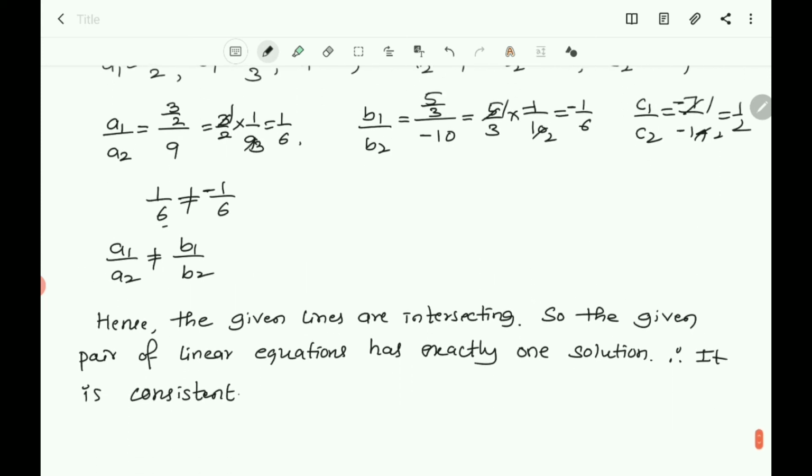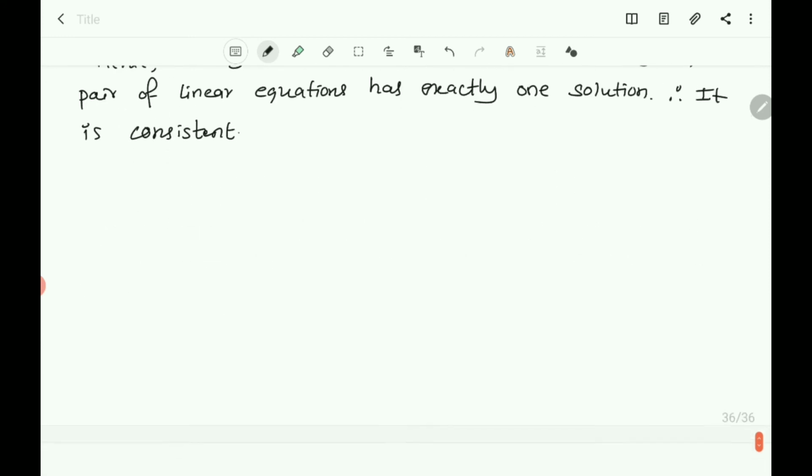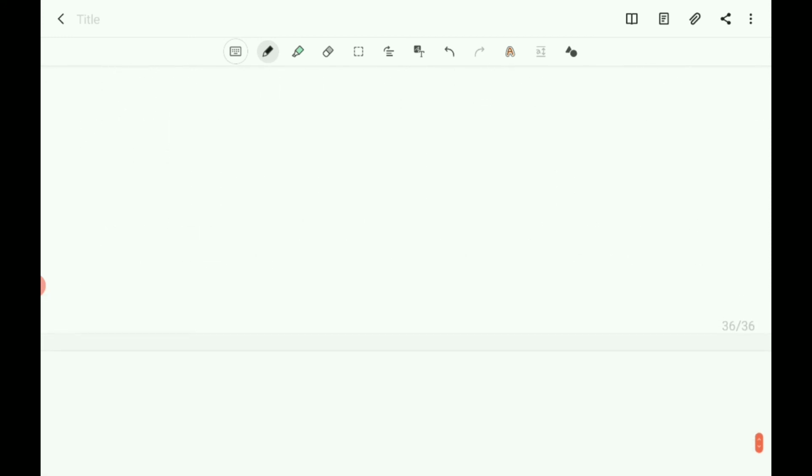So third one is over. Next you take the fourth one. What is that fourth one? 5x minus 3y is equal to 11.